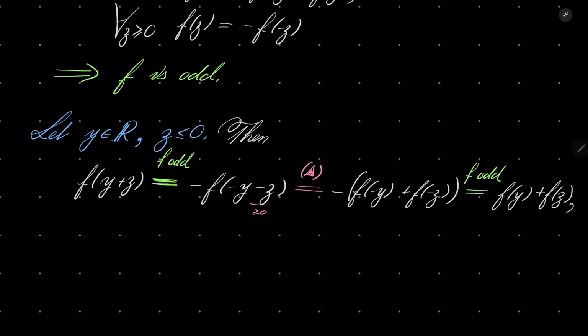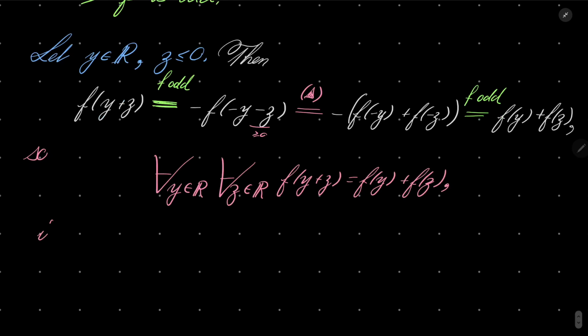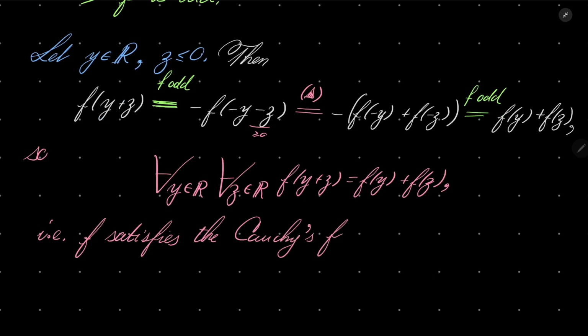So we have now established that for every real number y and for every real number z, f of y plus z equals f of y plus f of z, i.e. f satisfies the Cauchy functional equation.